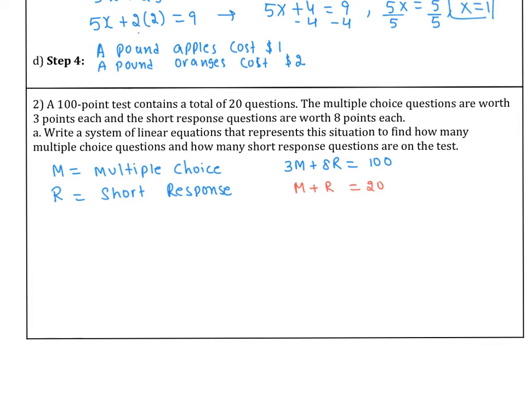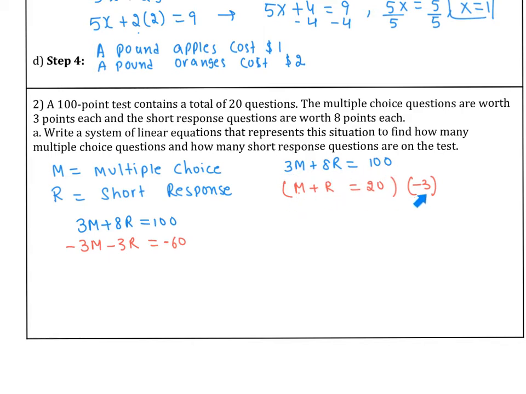And to solve, I'm going to multiply the second equation by -3, so that I create the m terms the same and opposite. So the first equation is 3m plus 8r equals 100.